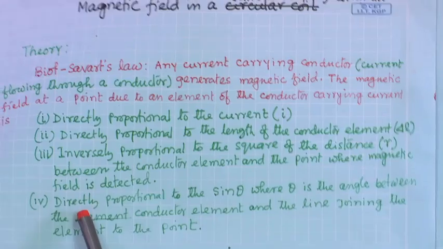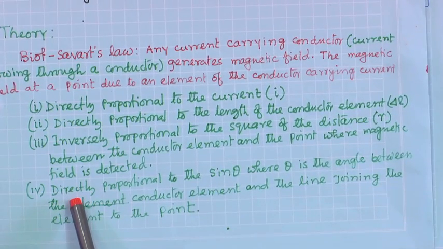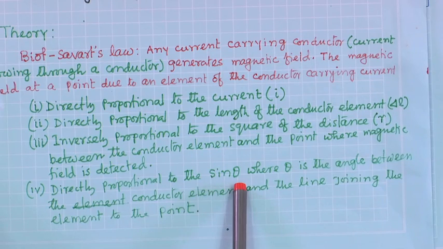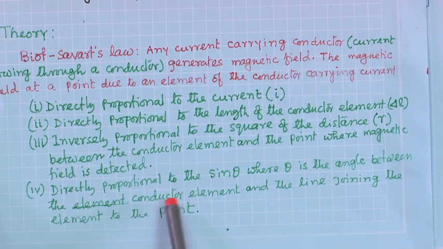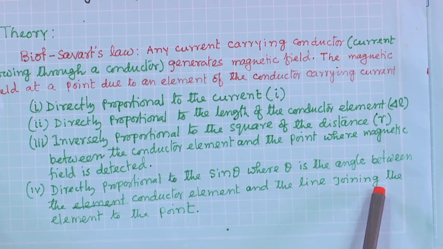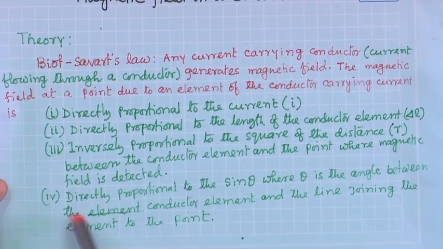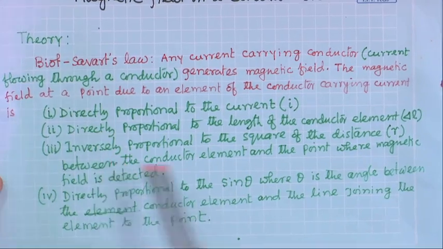Also, this magnetic field is directly proportional to sin theta, where theta is the angle between the conductor element and the line joining the element to the point. Okay. So, this is the Biot-Savart law. So, as per Biot-Savart law, let me show you.